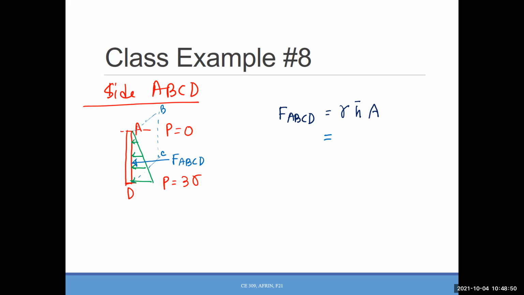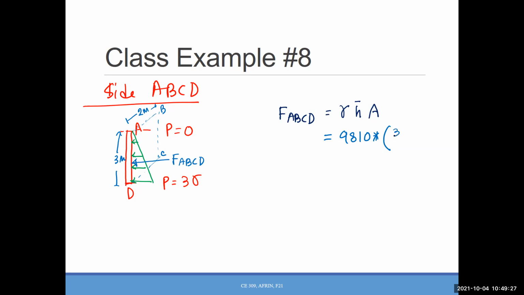Give me the dimension of the ABCD plate. This one is 3, I already know that. 3 meters, right? What is that distance? Gamma is 9810. For finding the H prime, if anyone is struggling, the surface is rectangular, so you will go to this one and you will see for this one, YC equals H over 2, right?